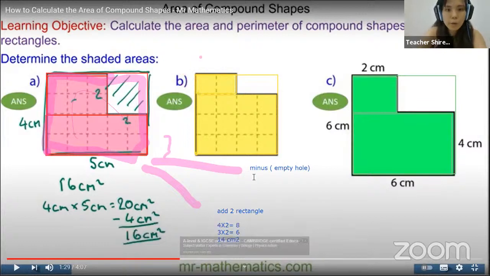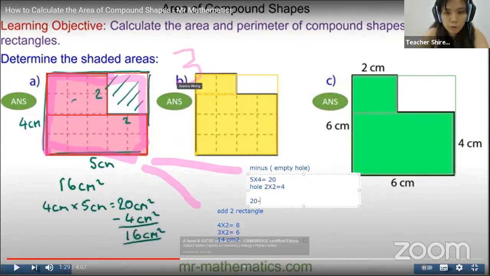Or you can do another way around, which is a minus, which means here, it's 5 by 4. 5 by 4, it's 20. But the hole, it's 2 by 2. So it's 4. So 20 minus 4, you get 16. Okay.